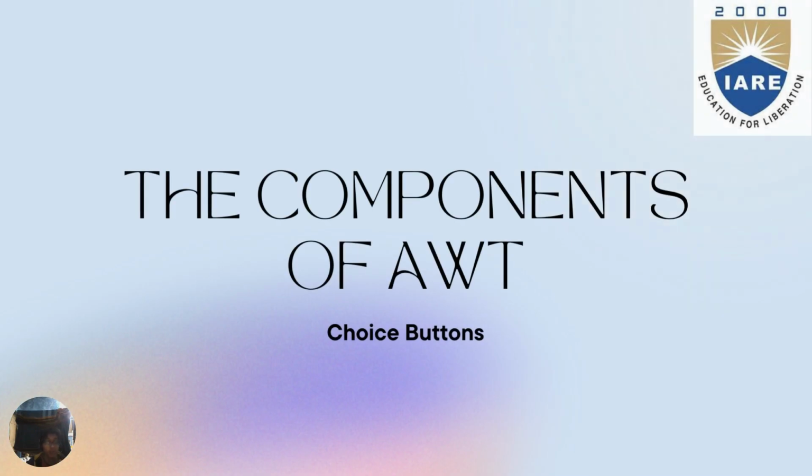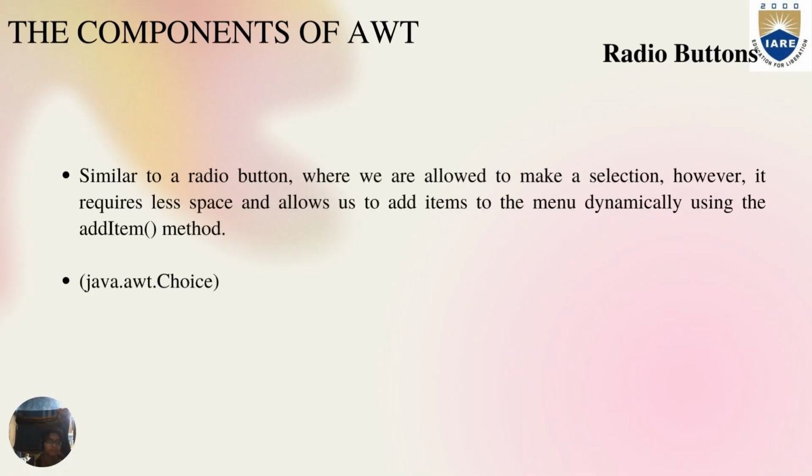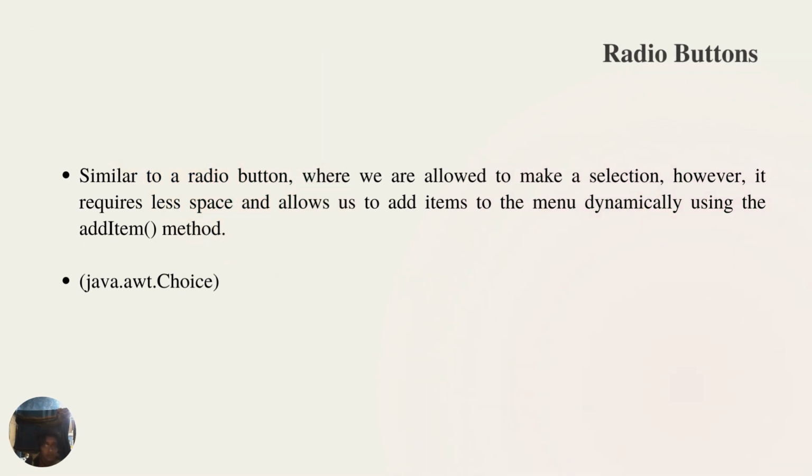Choice buttons are similar to a radio button where we are allowed to make a selection. However, it requires less space and allows us to add items to the menu dynamically using the addItem method. java.awt.Choice is the expression used to initialize choice buttons.